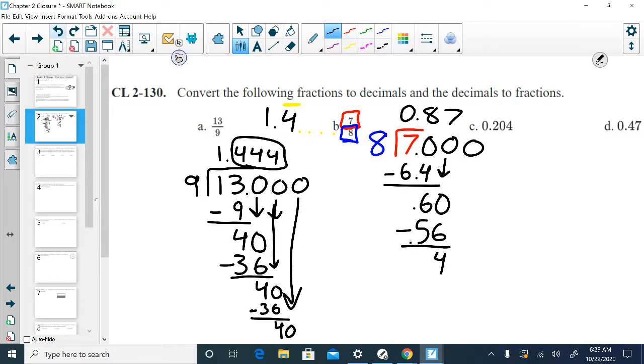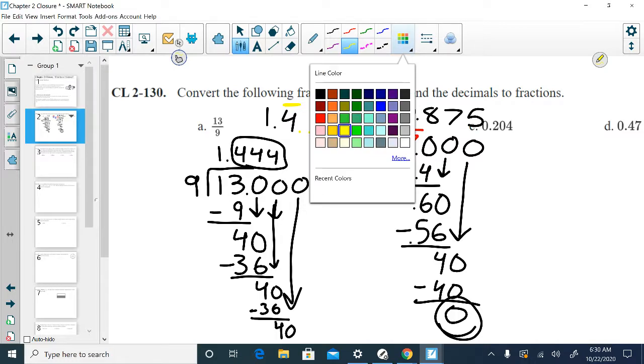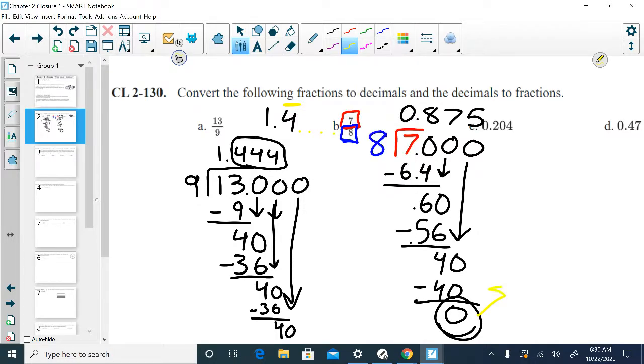And then we have to bring down another 0. 8 goes into 40 5 times. So we write that number up top. 40 minus 40 is 0. So now when we've reached 0 here, what does that tell us? What is that 0 indicating? It tells us that we're done, right? We don't have to go any more.